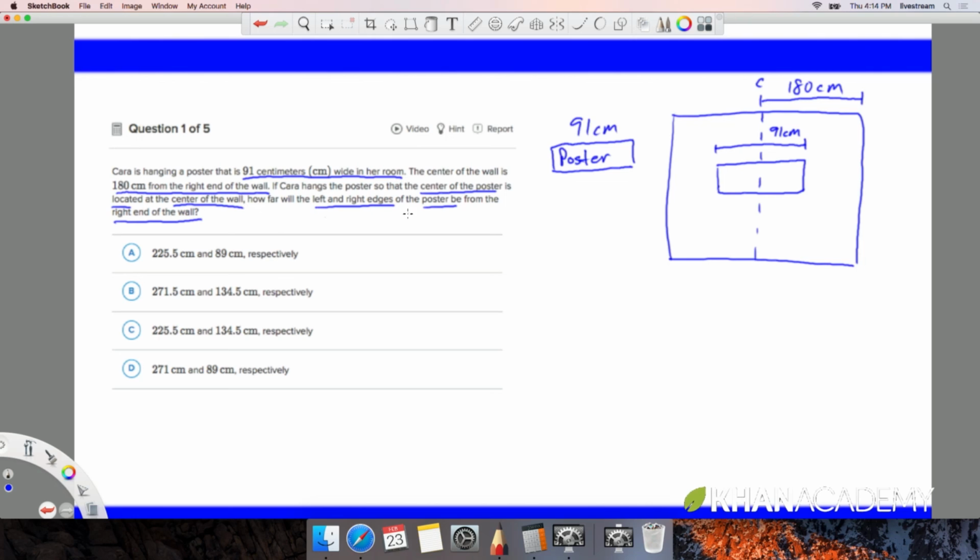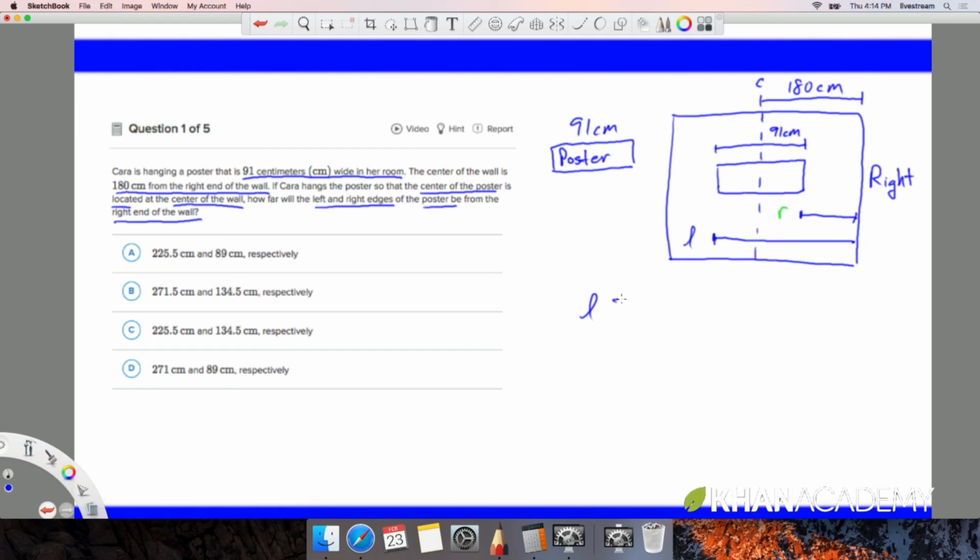The question is, how far will the left and right edges of the poster be from the right end of the wall? Okay, so I've got this right end of the wall, and I want to know this distance, so the left edge of the poster to the right end of the wall, and then the right edge of the poster to the right end of the wall. And I can label this one L, and then I'll just change colors here. This one I'll label R.